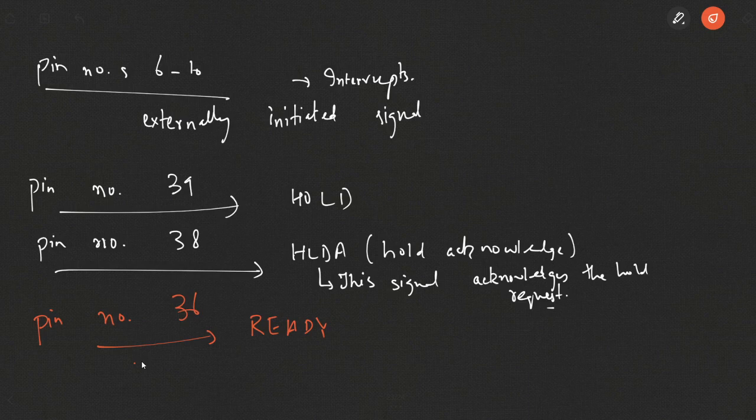The external device can be slower as compared to the microprocessor. To make sure it comes into synchronization with the execution of the microprocessor, we have to wait for the peripheral device to catch up. So the ready pin basically makes a slower peripheral device compatible with the 8085 microprocessor.